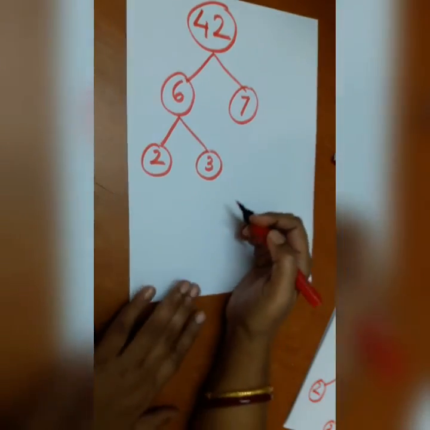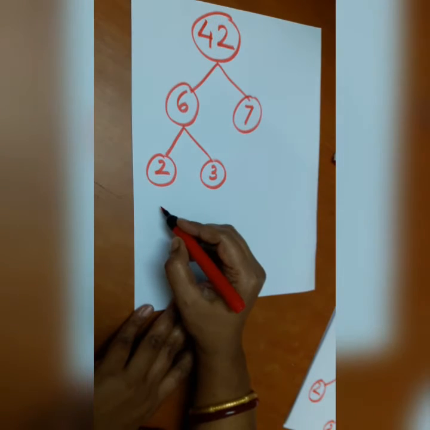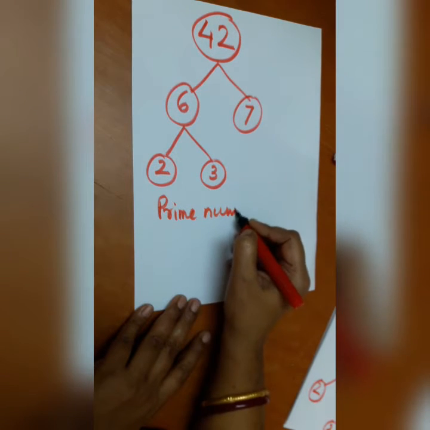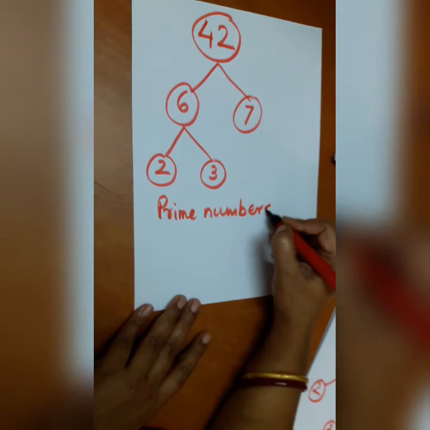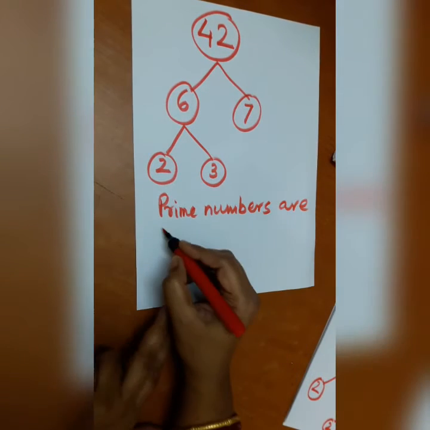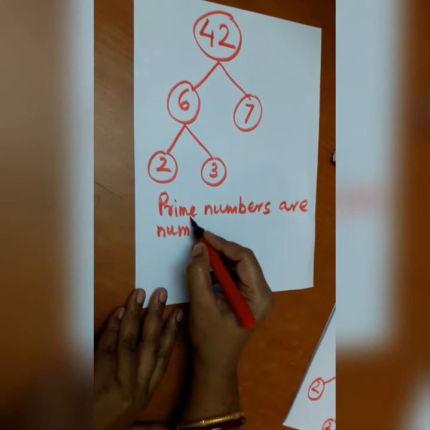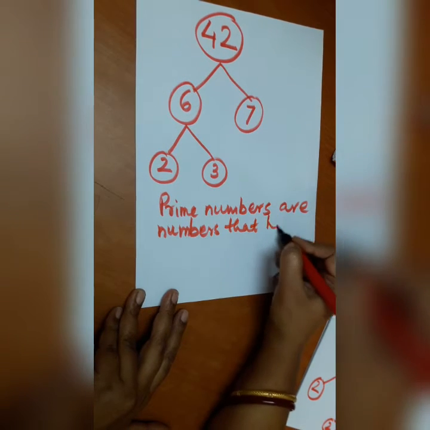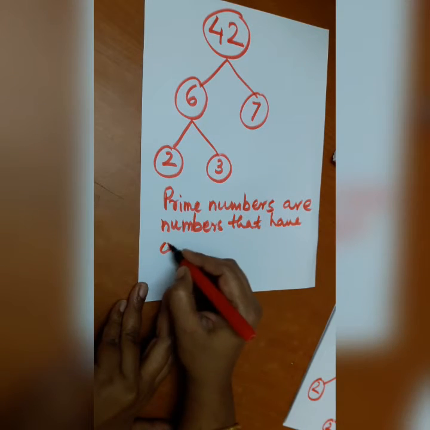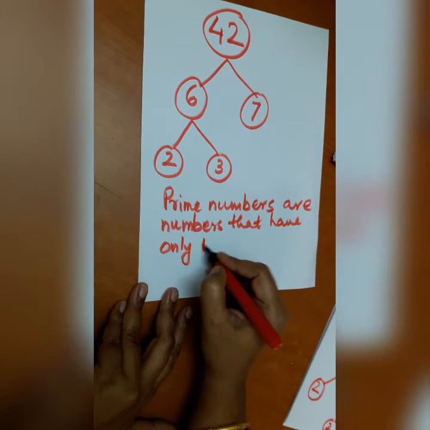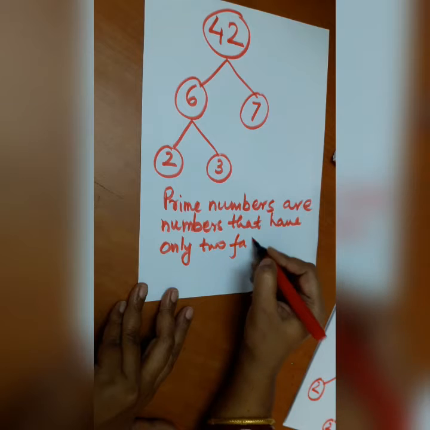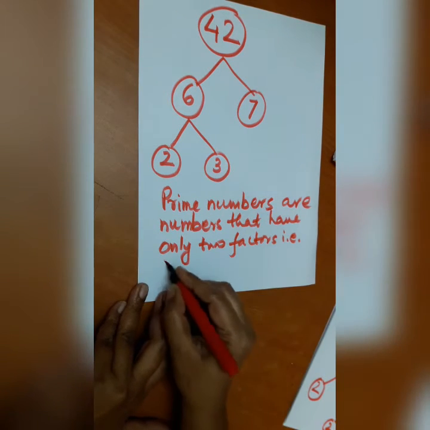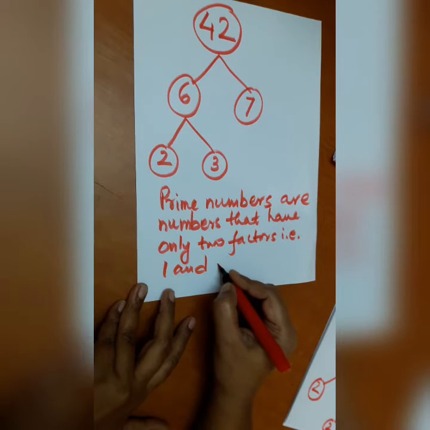What are prime numbers? Prime numbers are numbers that have only two factors, that is 1 and itself.